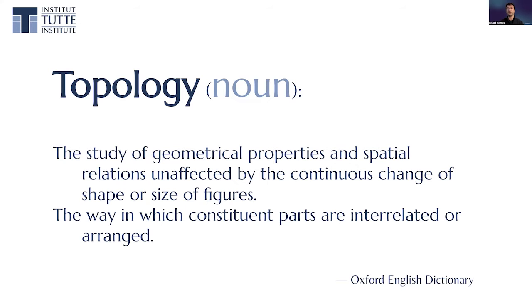First off, what is topology? So here's the Oxford English Dictionary definition. We care about both the definitions here, really. First of all, we care about the strict mathematical definition because we're going to make use of that. But the latter definition, the way in which the constituent parts are interrelated or arranged, that really matters to us too. That's what this is all about.